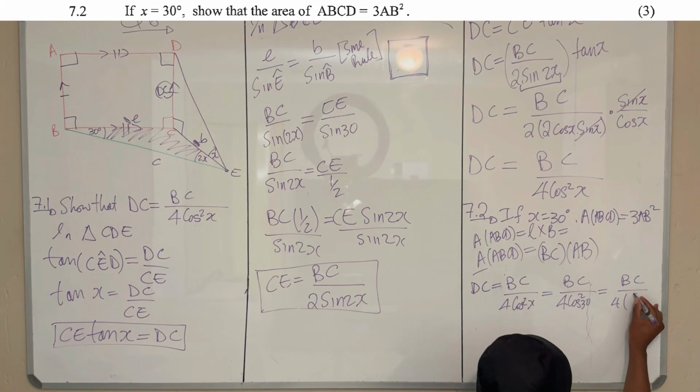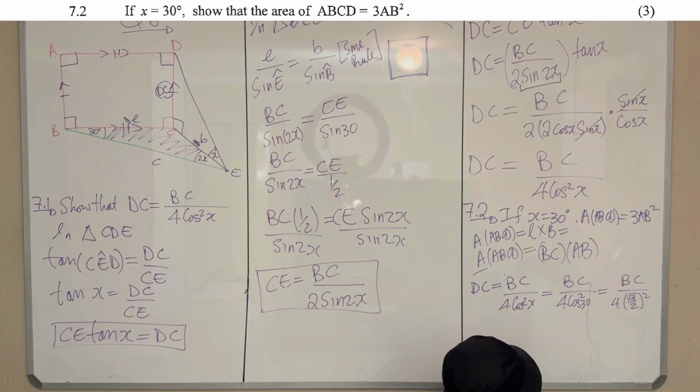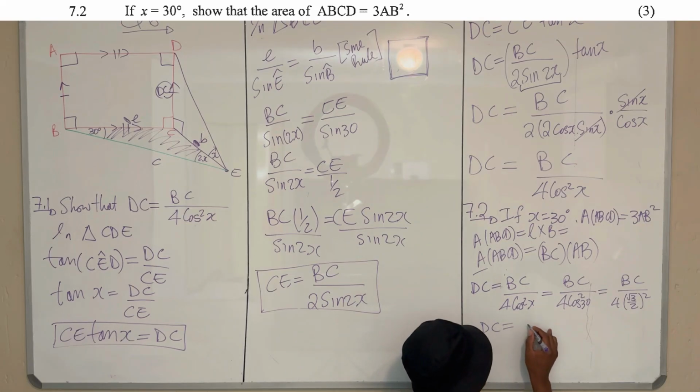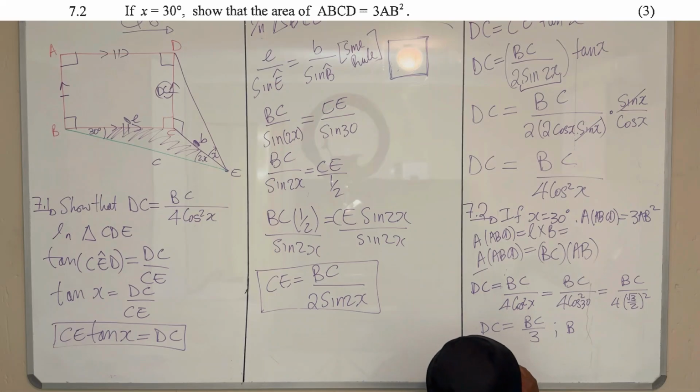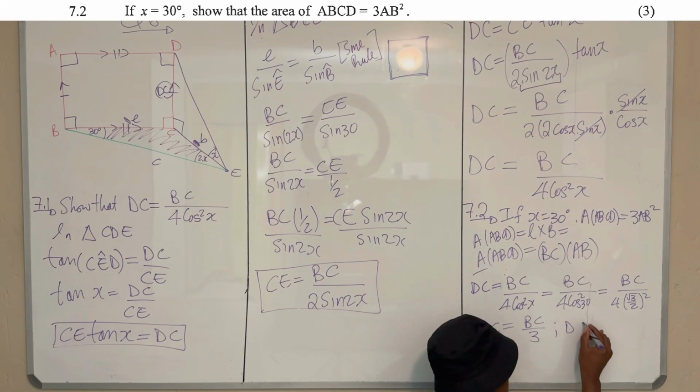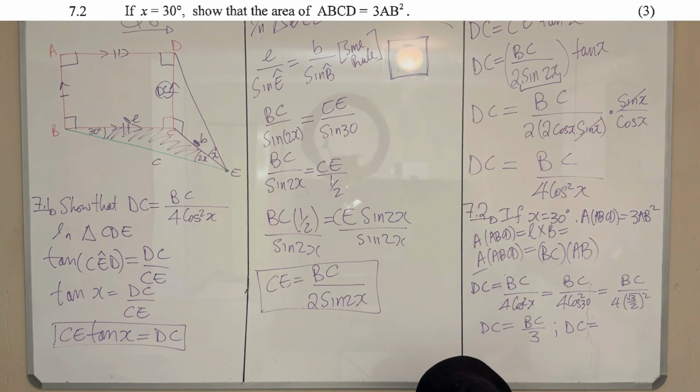This is square root of 3 over 2 all squared, so your DC is equal to BC over 3. But remember that DC is equal to AB.